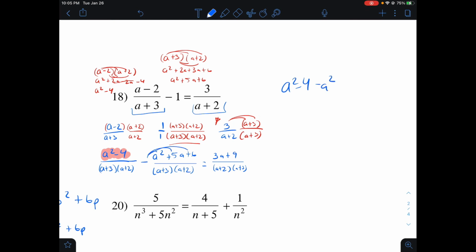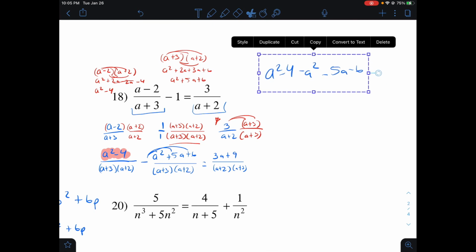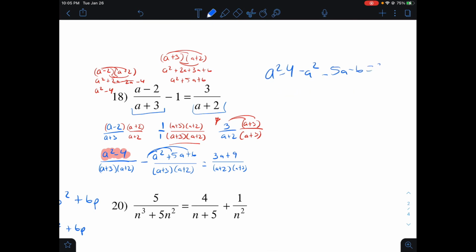We get minus a squared minus 5a minus 6, and then we set this equal to 3a plus 9. What ends up happening is these a squares cancel, which is pretty snazzy, and we end up with minus 5a. We can combine these: we get minus 5a minus 10 equals 3a plus 9.